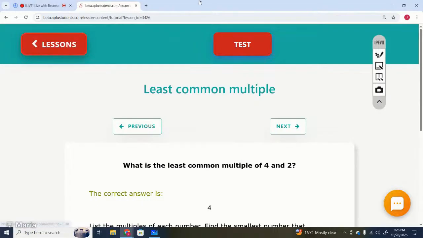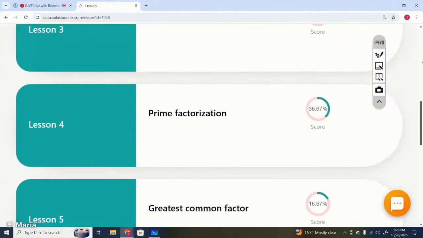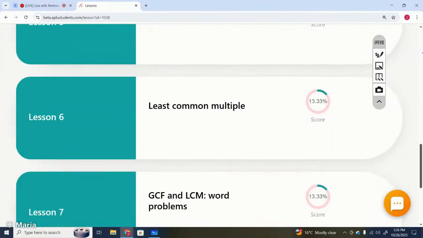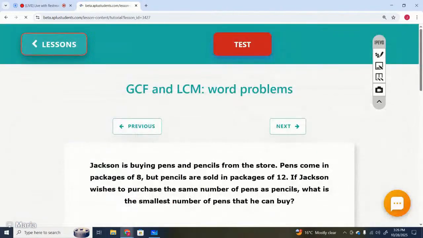The next lesson is GCF and LCM word problems. Now here you can understand their difference better, right?